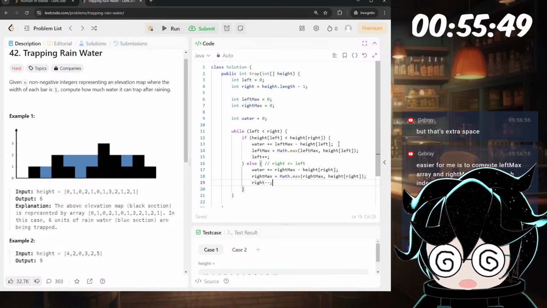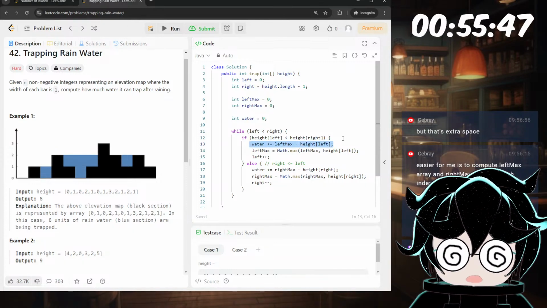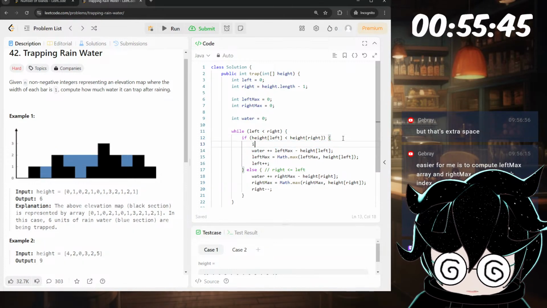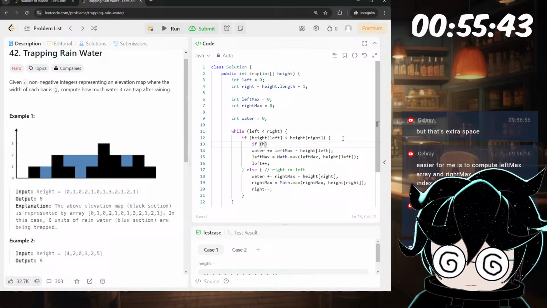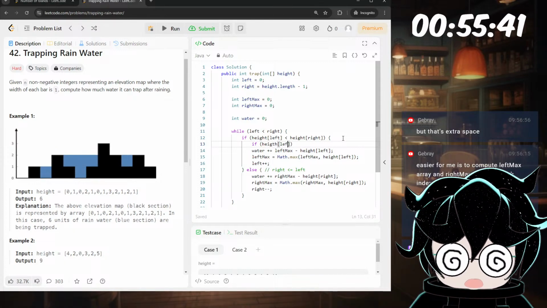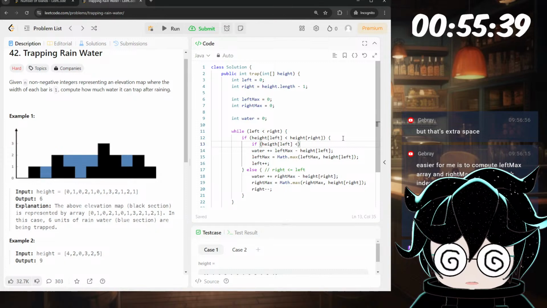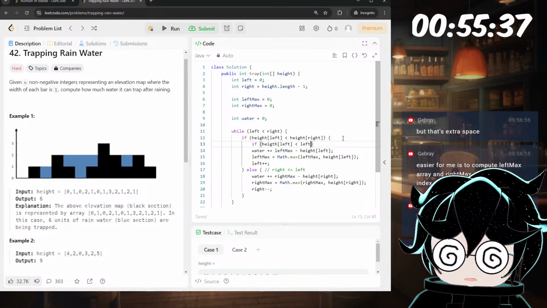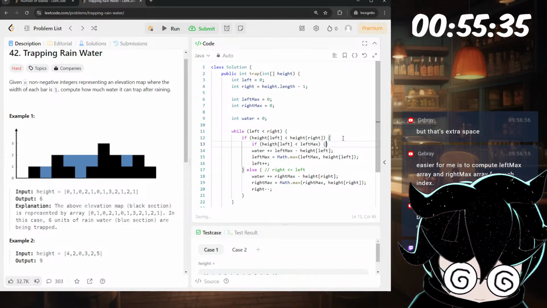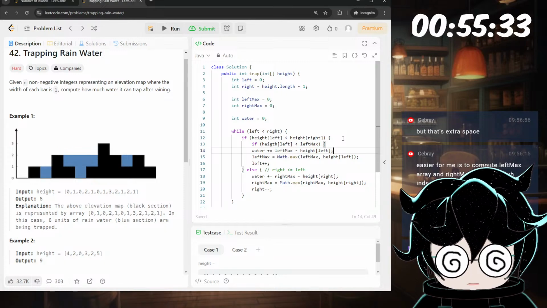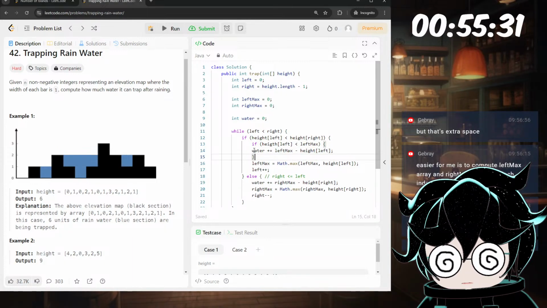I feel like we should only do this if the current height is less than the max. If the current height on the left is actually less than left max, then you do the calculation. Otherwise, you'll get a 0 probably.